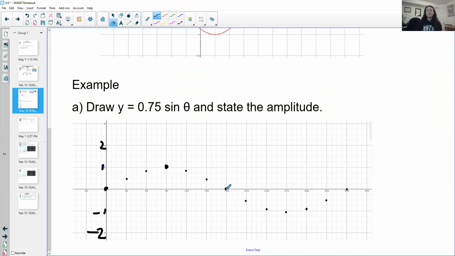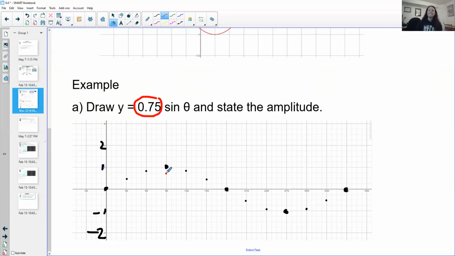Now, each one of these is going to be stretched or compressed vertically, up and down. So our a value is 0.75. That means that the distance from our equation of the axis up to our point is going to be multiplied by 0.75. So my new amplitude, instead of 1, is going to be 0.75, which is going to be there.